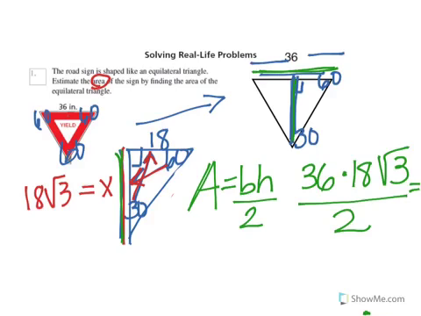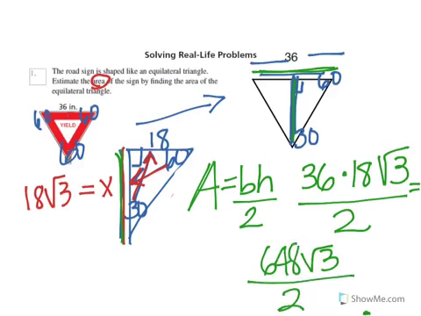So you need to multiply the 36 times the 18, because we don't do that with the square root of 3. So 36 times 18 is what? I don't have a calculator with me. Hang on, let me get a calculator. Okay, so that's going to give us 648 square roots of 3, and then we divide it by 2.